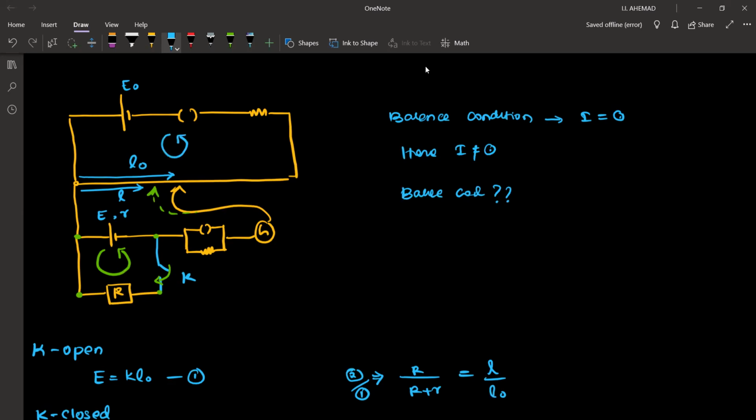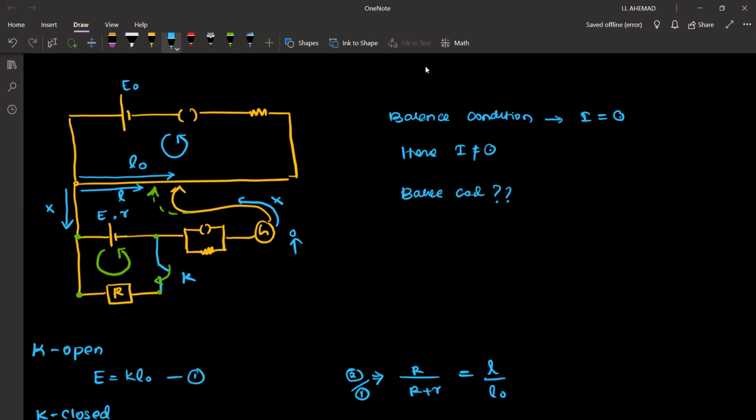At each of the balance points, there won't be a current flow into the circuit. If there is no current flow, then there is no outflow of current also. So there is no deflection of the galvanometer. The galvanometer won't deflect. It will be pointing zero.